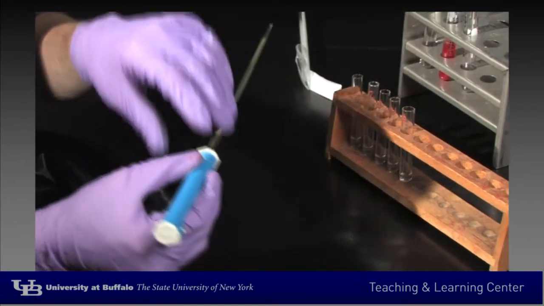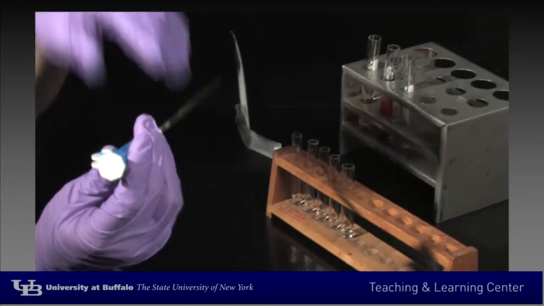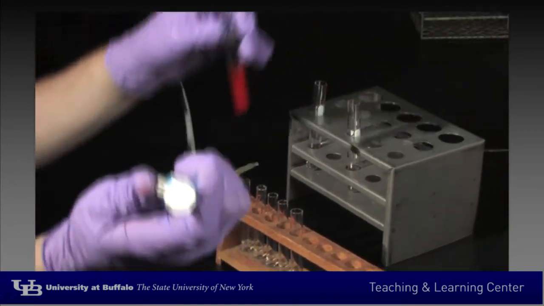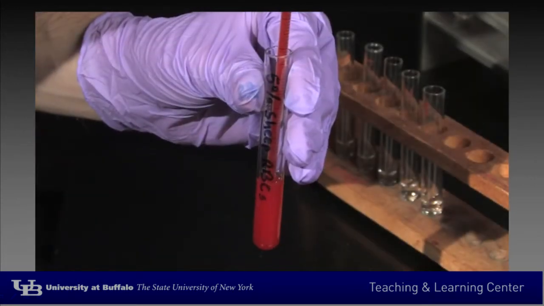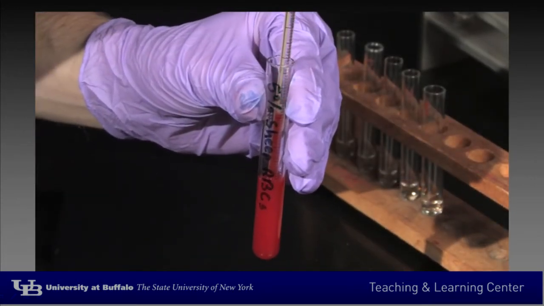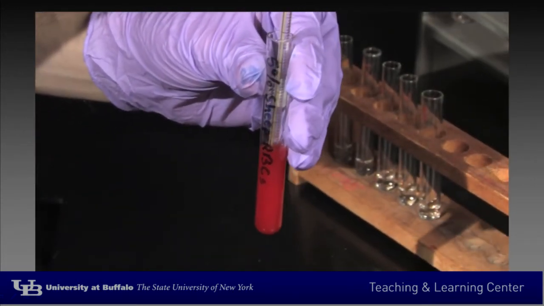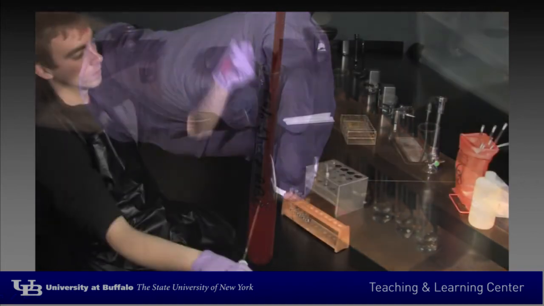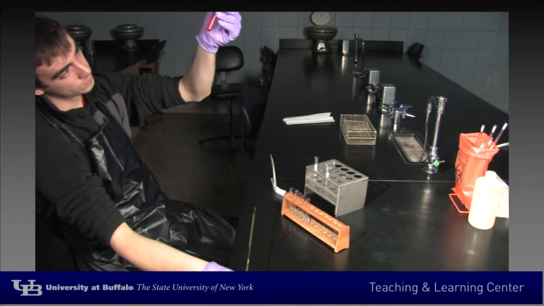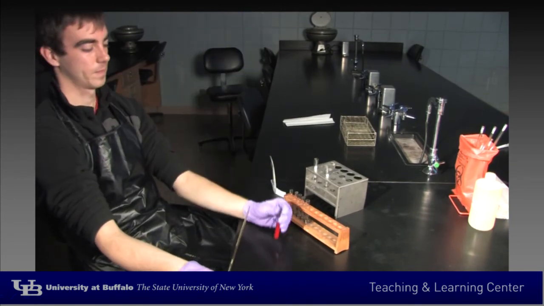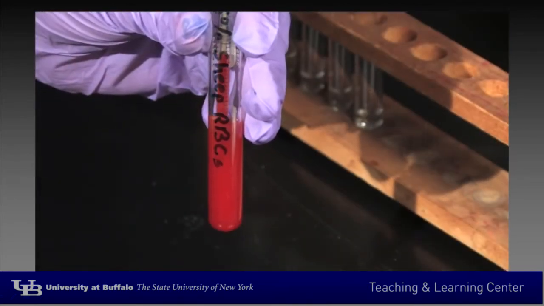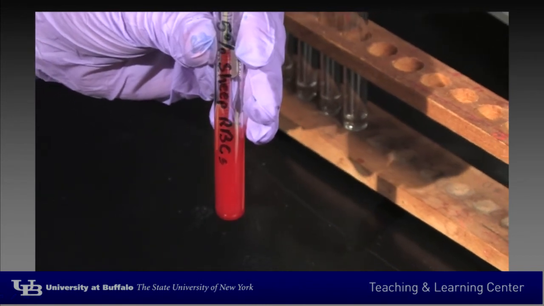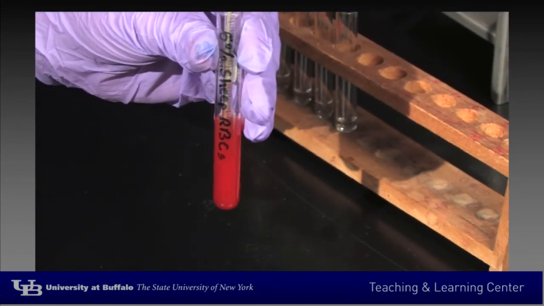Next, 0.1 ml of the 5% suspension of the sheep erythrocytes will be added to each of the 5 tubes. You need a homogeneous mix of the red blood cell suspension to be added to each tube. Prior to dispensing the sheep red blood cells, make sure you resuspend them using the 1 ml pipette.